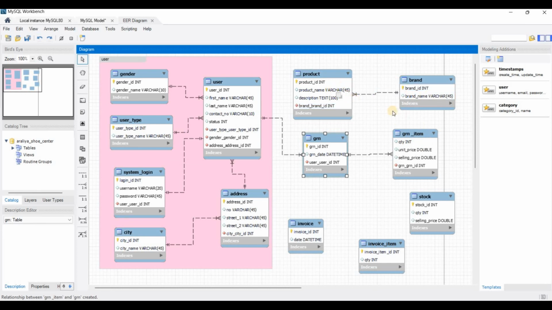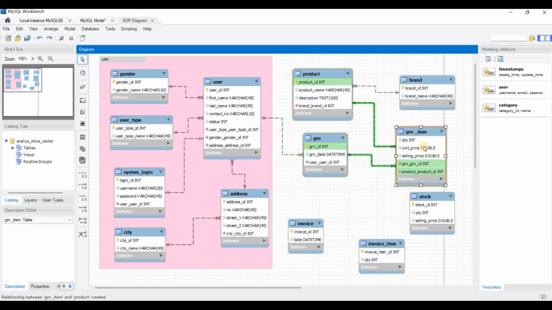When we get one product, there will be so many GRN items. But when we get one GRN item, it has only one particular product. So the relationship between those two is a one-to-many relationship. Here's the many side and here's the one side. So here's the GRN table, GRN item and product table relationship.